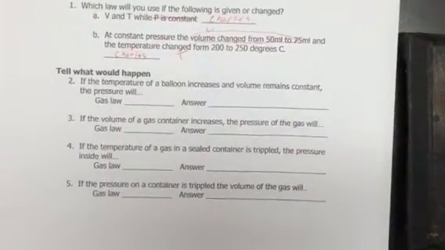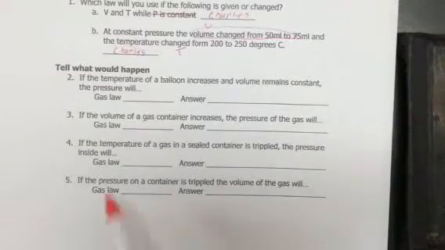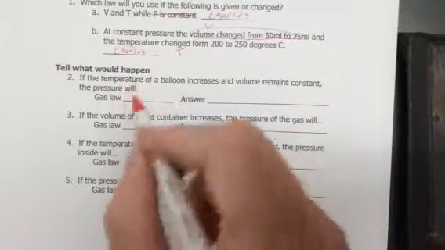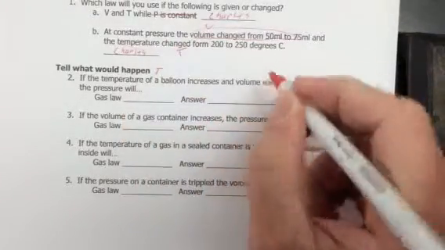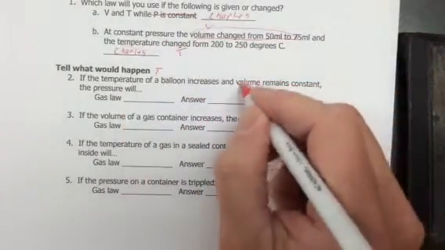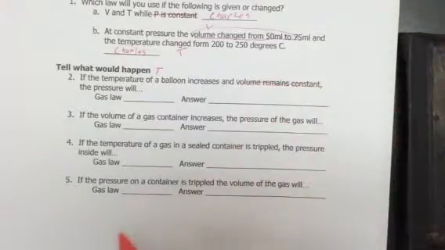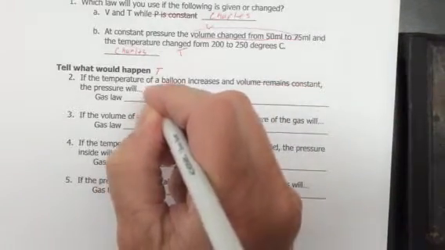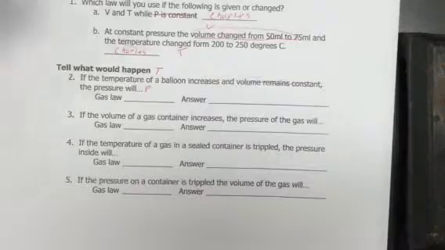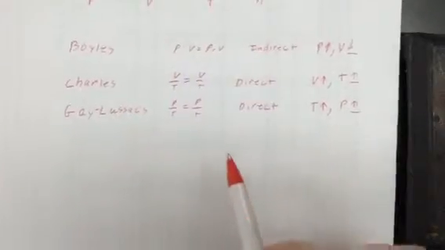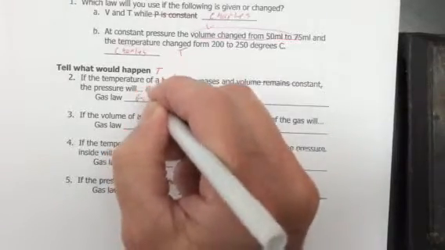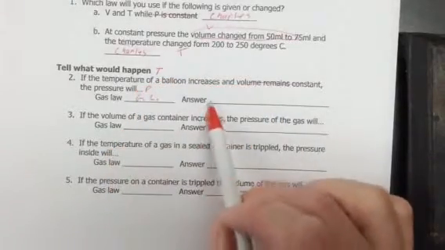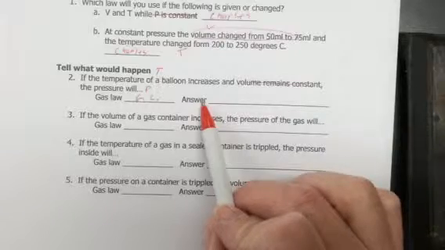All right. So we have to identify the laws. Now let's find out what's going to happen here. We're talking about the temperature of a balloon increasing, and it says the volume remains constant. So we don't care about volume, the pressure will. So we're talking about P's and T's. P's and T's is going to be a Gay-Lussac, so I'm just going to put GL there. Now, I don't want a number answer. I just want you to tell me what's going to happen.